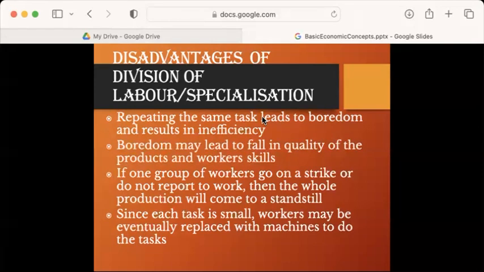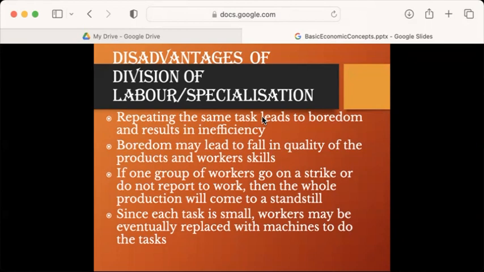And another big problem is that there is a risk of some workers being replaced by machines and robots. Because what happens is, it's a small task. Humans, when they are multitasking, are multi-talented, and humans have variety.